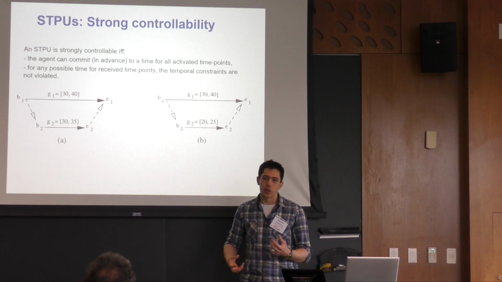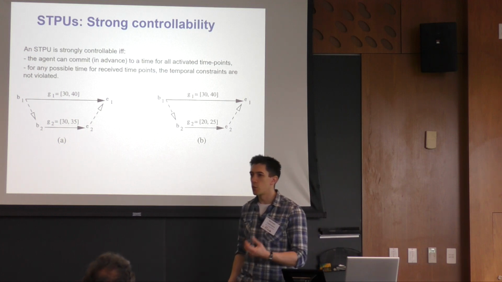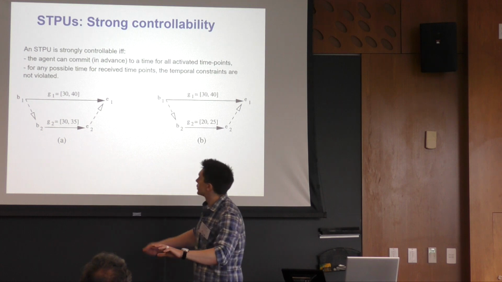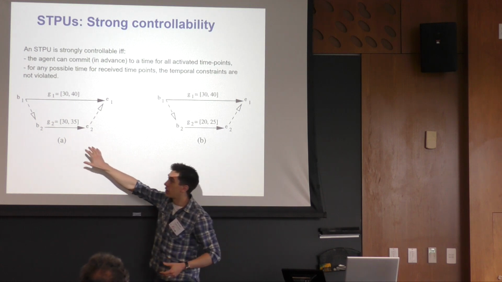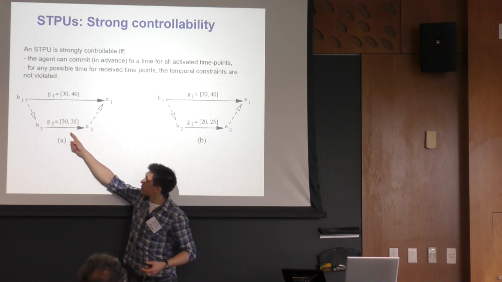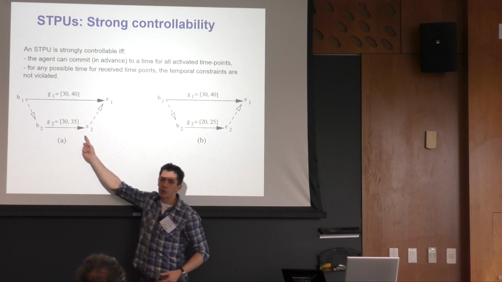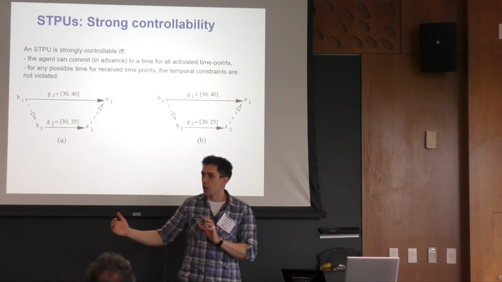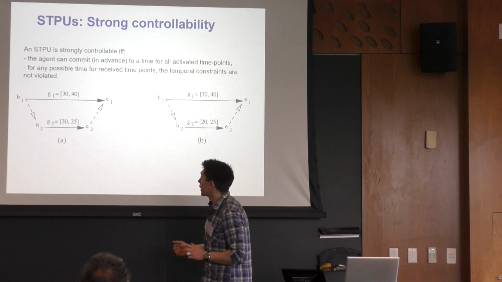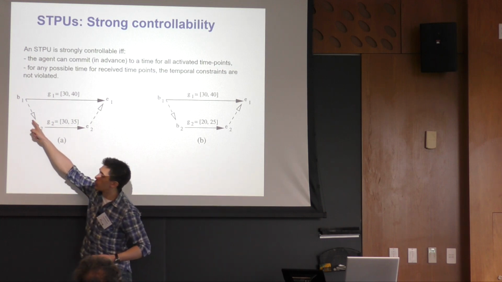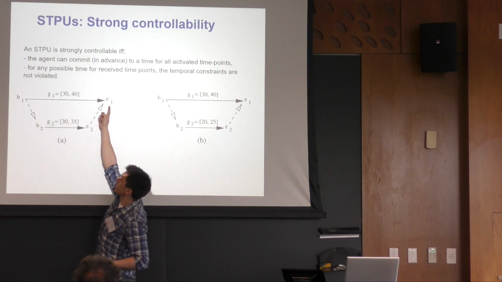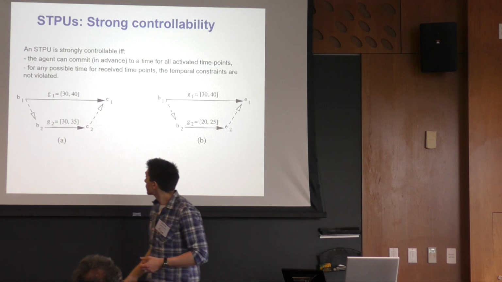So a strongly controllable plan is one in which, well, first of all, let's describe these diagrams. These are plans now, which have upper and lower bounds on the times the actions will take. For example, B1 is the beginning of action 1 and E1 the end of action 1 there.